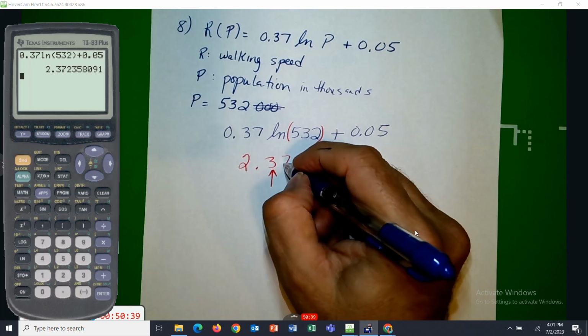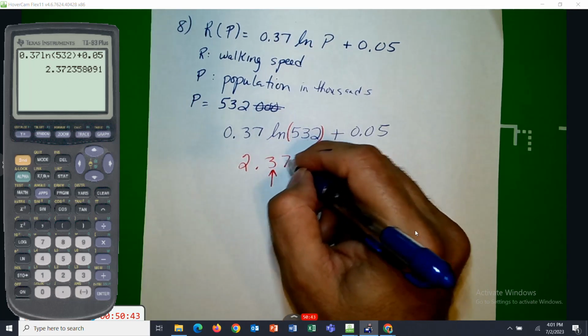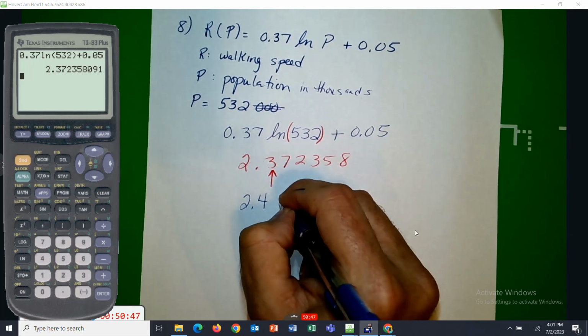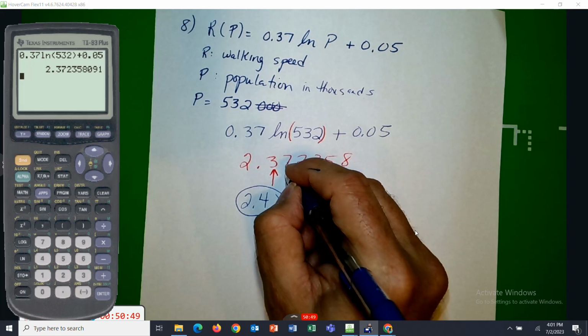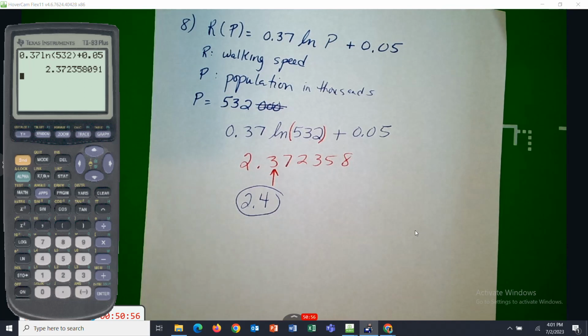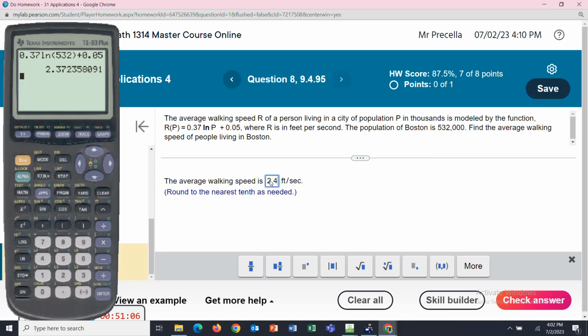Well, the digit after the 3 is bigger than 4, so make it 2.4. If the digit is 5 or larger, you round it up. If it's 4 or smaller, you just drop all that decimal stuff. So here, 2.4. So the walking speed is 2.4 feet per second.